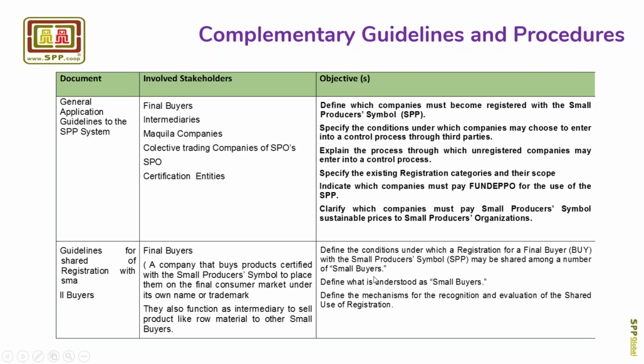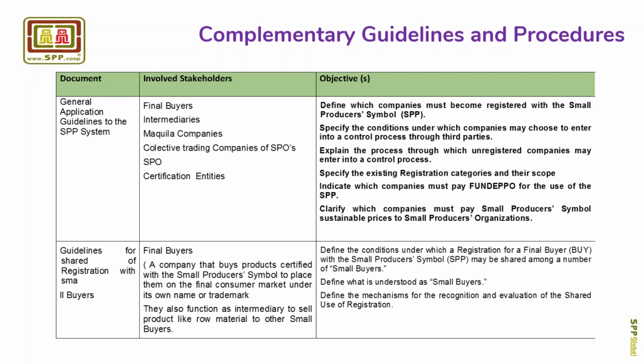The objectives of this document are to define which companies must become registered with the small producer symbol, and to specify the conditions under which companies may choose to enter into a control process through third parties. Remember this because of the second objective, I'm going to explain something about it.